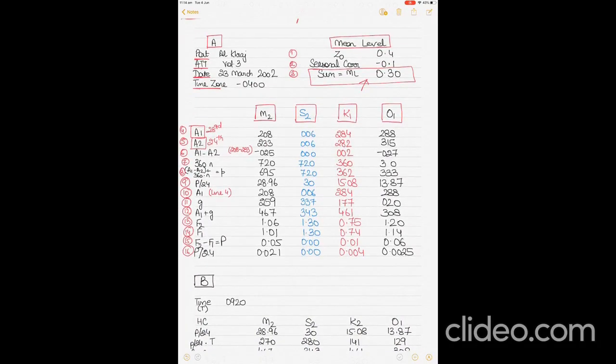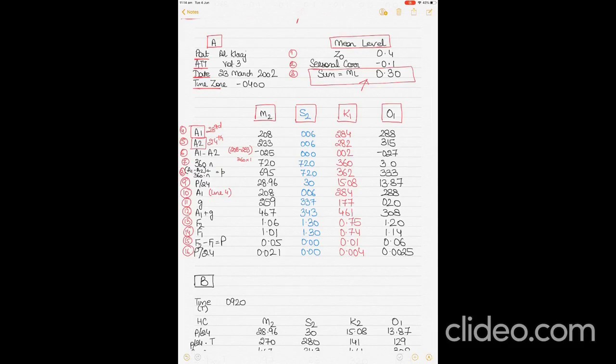So 360 by n, in this case it will be 360 by 1, because if I do 360 by 0, it will be 0 and line 8 cannot become greater than 600. We have to make line 8 greater than 600 for M2 and S2 and greater than 300 for K1 and O1.